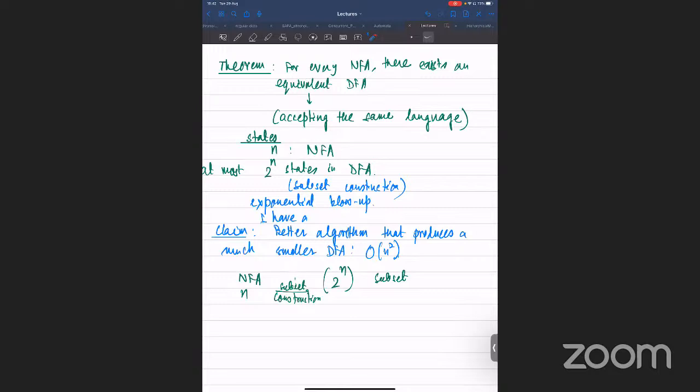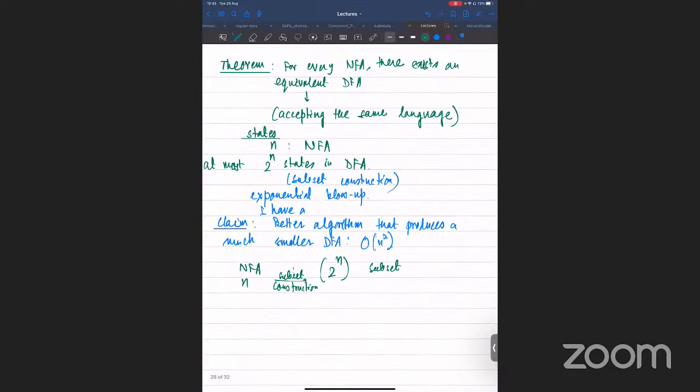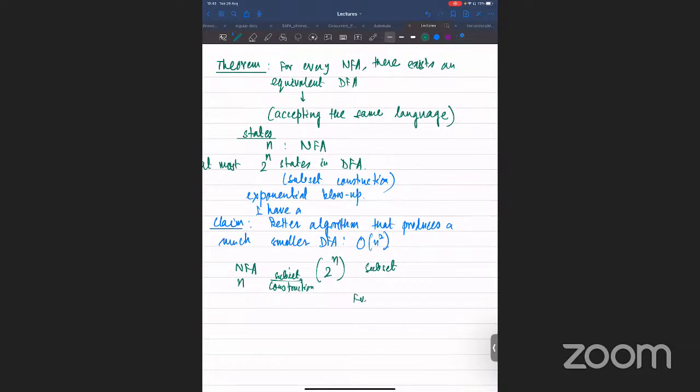So what we are now going to show is that indeed, Ishika, I hope you are following me, there exists an NFA with n states such that every DFA has at least 2^n states.